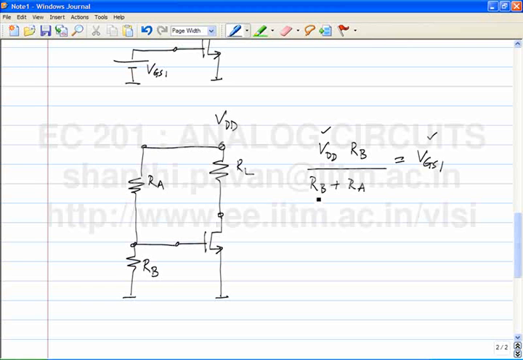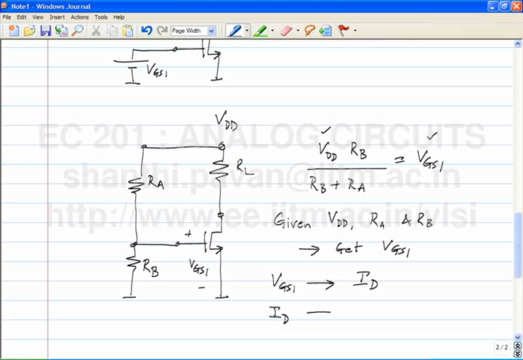So given VDD, RA and RB, you will be able to get VGS1. From VGS1, you find ID. From ID, what do you do?